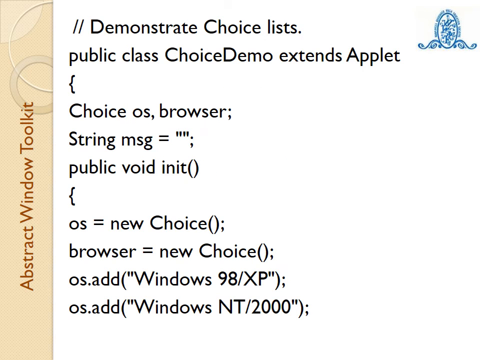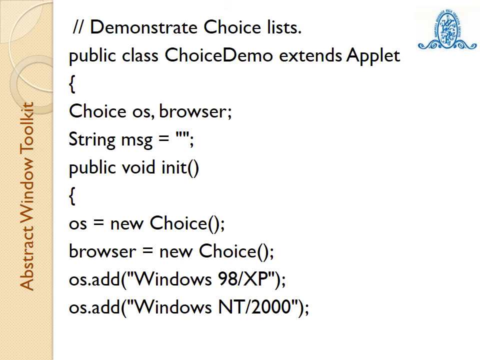Now let's see the example of choice. Here I am creating two choices, one is the OS and the second is the browser. After creating these two choice lists, we will add the items in the OS and the browser list. In the init method, the OS choice is created as OS is equal to new choice, and the browser choice or list is created using browser is equal to new choice.